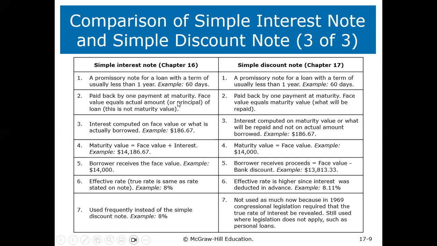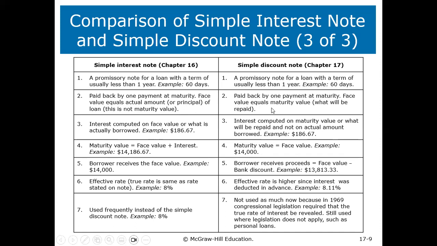You pay the amount that you owe and the interest at the date of maturity. That's the principal plus the interest. Face value equals the actual amount or the principal of the loan. So the face value and the principal is not equal to the maturity value, because the maturity value is the principal plus the interest.